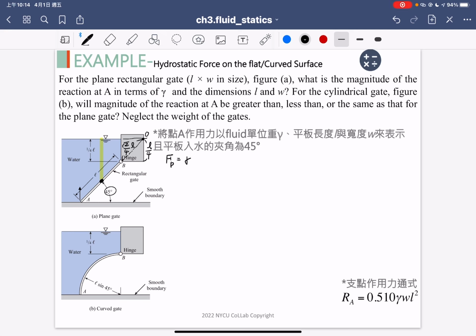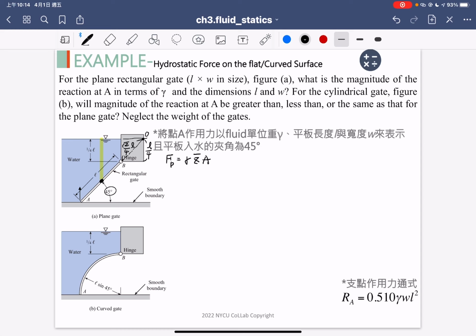We put the plate in the liquid, but we don't know what the liquid material is. The example didn't tell you the liquid is water, so we cannot directly use the water gamma W. So I use gamma here, and we have the Z bar. The Z bar is the yellow line, indicating the depth from the liquid surface to the centroid point, and the total area of our planar plate.